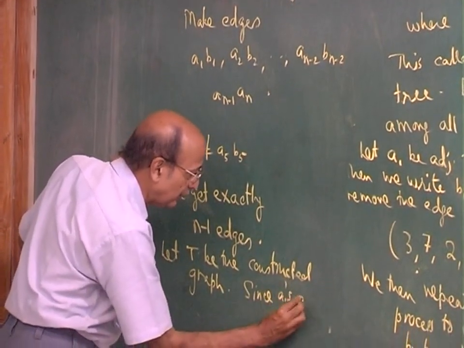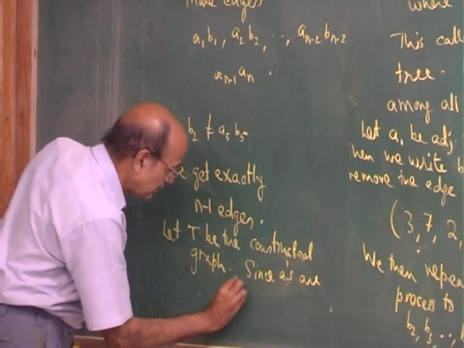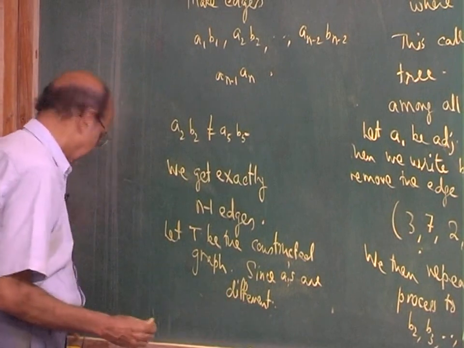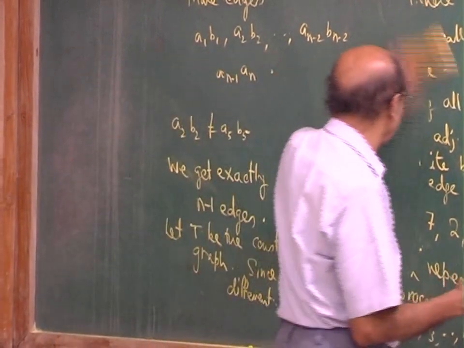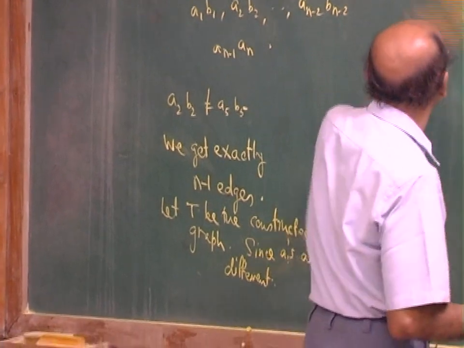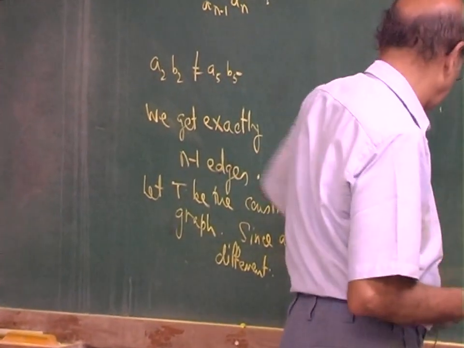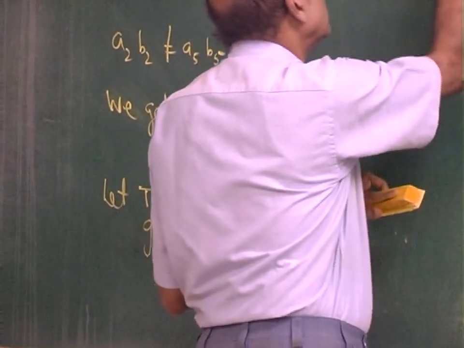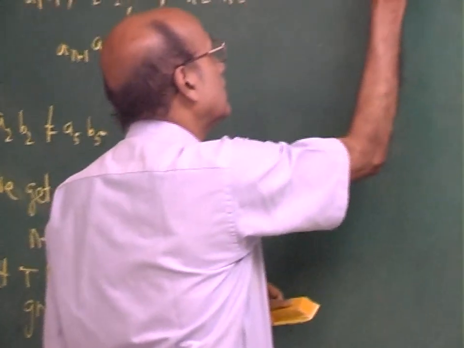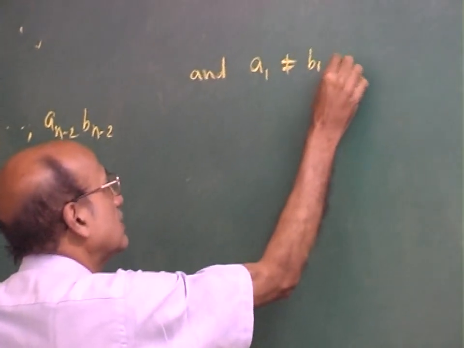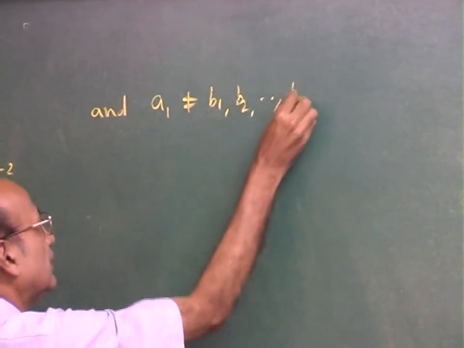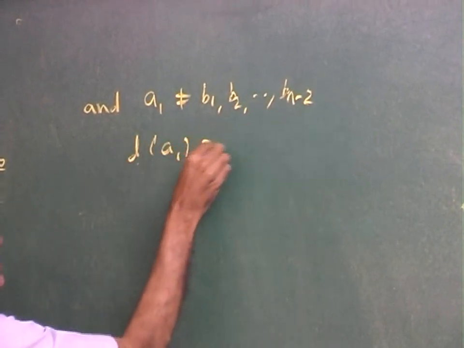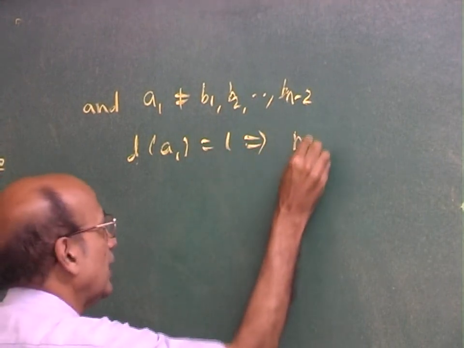Since A's are different, degree, no cycle.